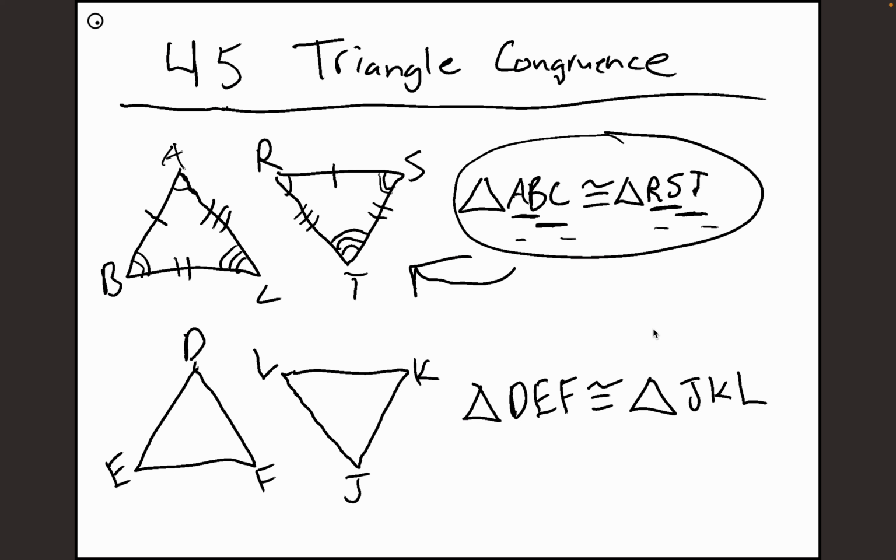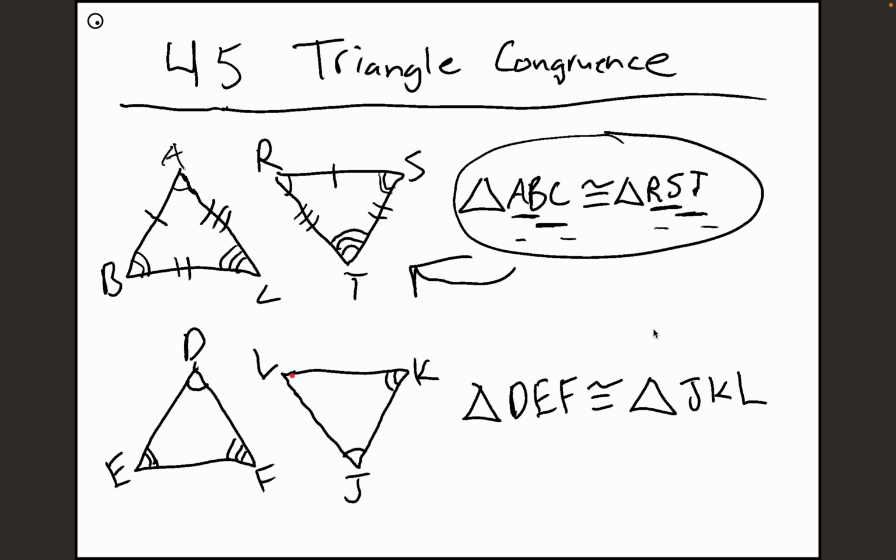Okay, now I have these two triangles. By looking at the letters, what angle am I going to say is congruent to angle D? J. What about K? E. And then finally F?